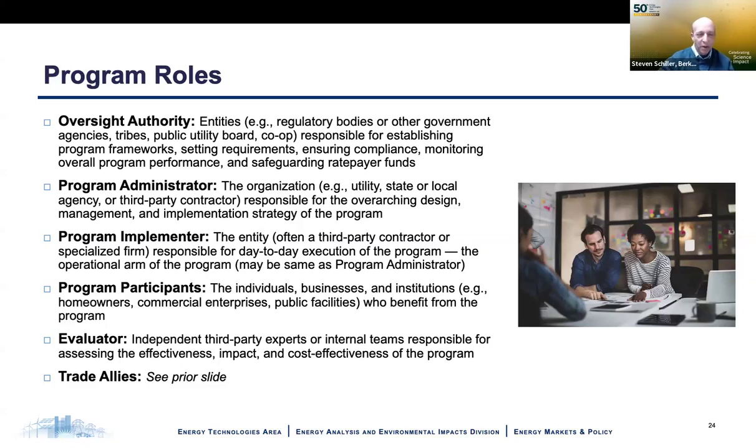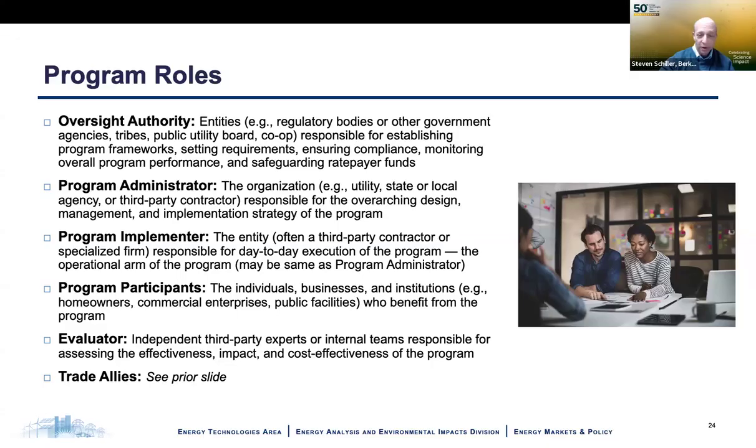That can be the same as the program administrator, or someone different. The administrator is responsible for achieving the program, actually designing and implementing the strategy. That can be someone the oversight authority oversees, such as a utility or a third party, or it could be the oversight authority themselves.